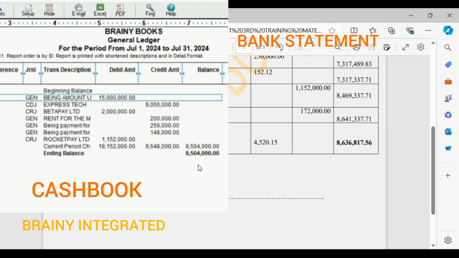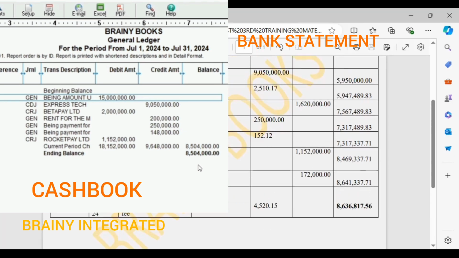Can we find it on the debit side of the cash book? No, it's not there. Because we cannot find it on the debit side of the cash book, it simply means it is a direct credit. That is, a customer must have paid it directly into our bank account, or any other person just paid money into our account without our knowledge. So we didn't record it. So we have two direct credits.